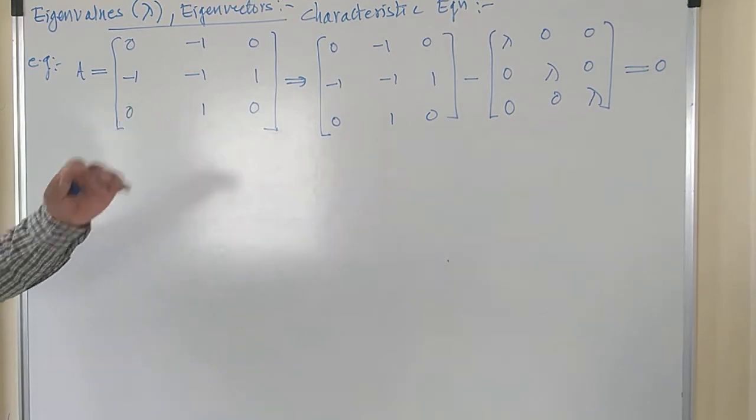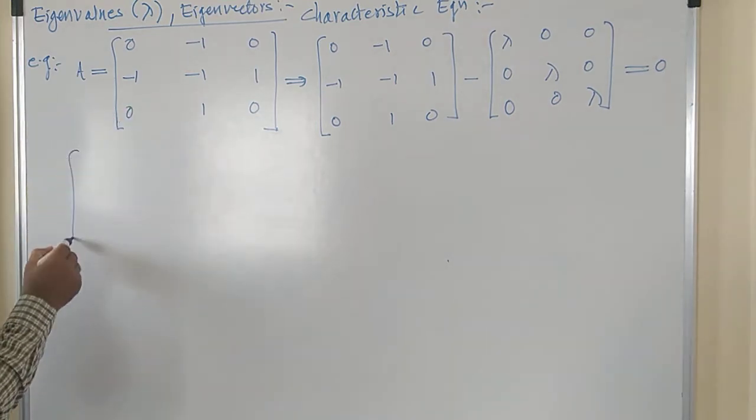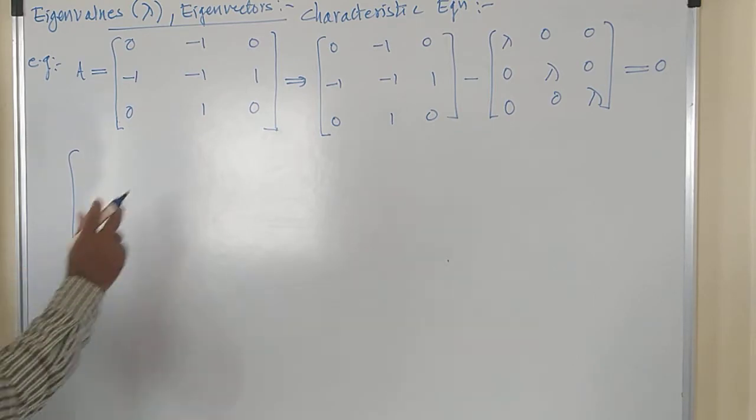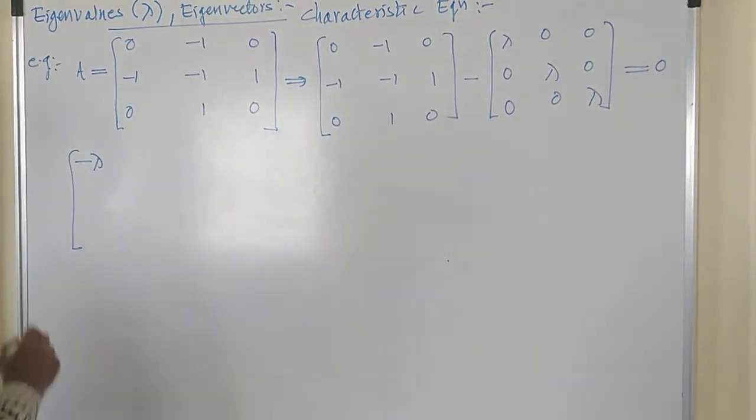Now do the subtraction. Here you will get the matrix: 0 minus lambda is minus lambda.